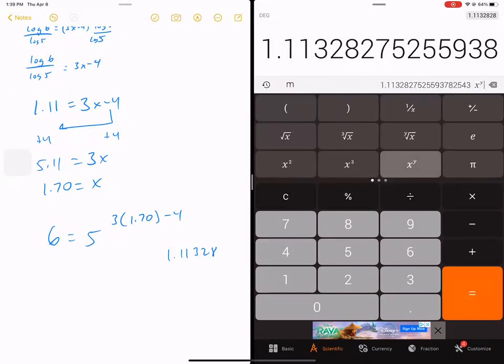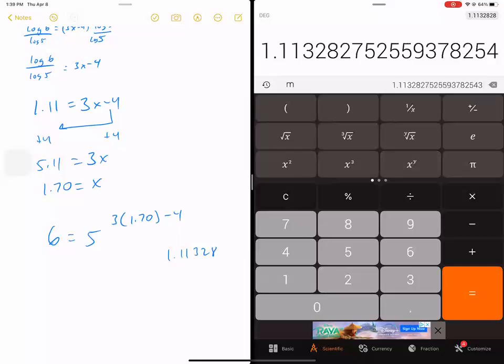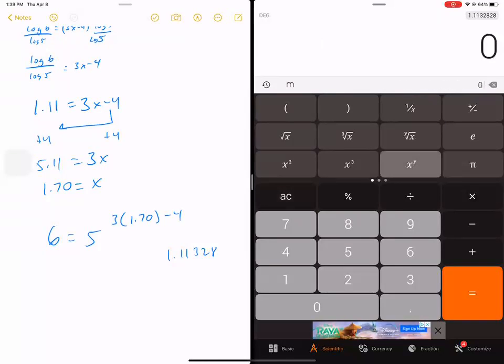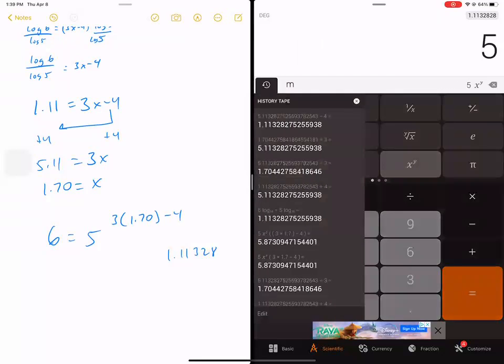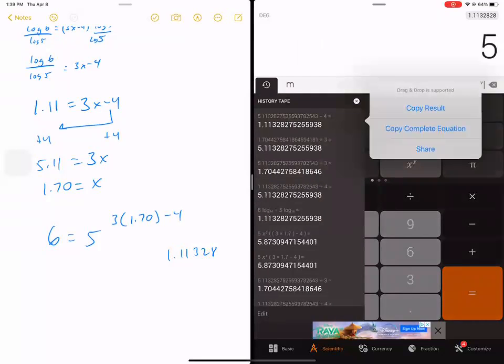So 5 to the, oops. Okay, 5 exponent. Too bad I don't have the answer button in here. Oh yeah, I can use this one. Okay, we'll use it.